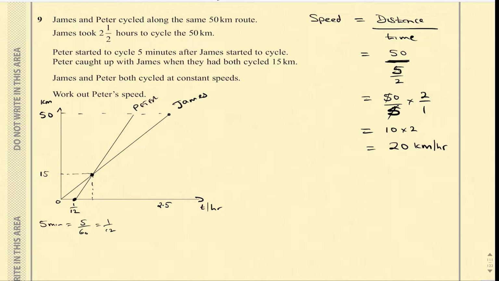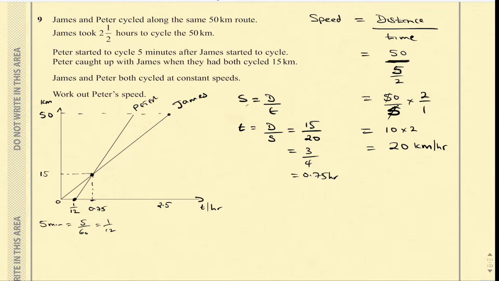Knowing that the speed is distance over time, and the speed is 20, we need to make t the subject, so t will be distance over speed, which is 15 kilometers divided by 20. 5 goes in 15, that's 3, 5 goes in 20, that's 4. That would be 0.75 hours. So here will be 0.75 hours.